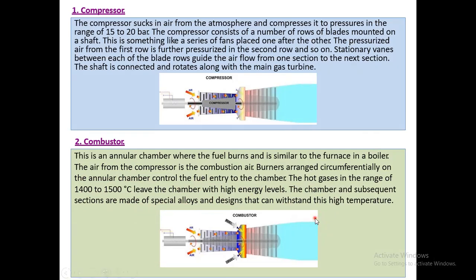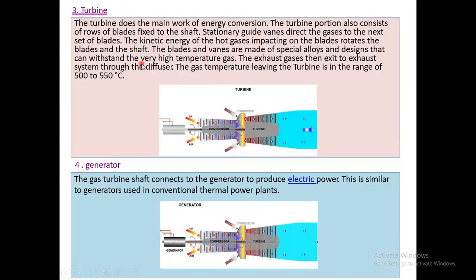Now, moving towards the third section, that is the turbine. As you can see here, the turbine does the main work of energy conversion. The turbine portion also consists of rows of blades fixed to the shaft. The stationary guide vanes direct the gases to the next set of blades.